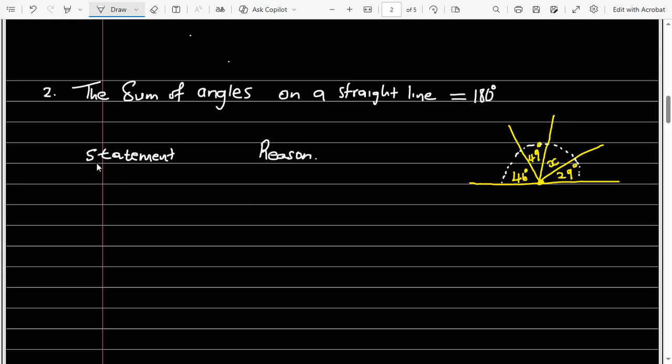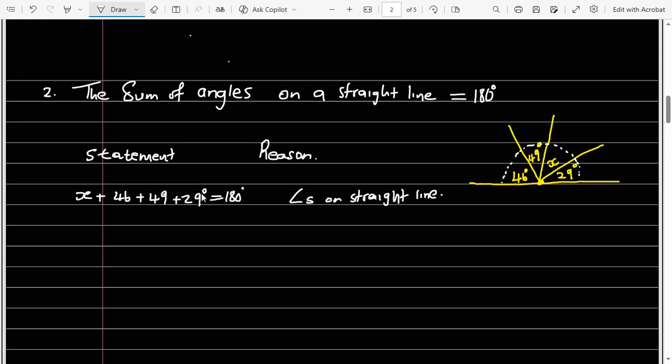So I'm going to add all those angles: x plus 46 plus 49 plus 29 gives me 180 degrees. And the reason is angles on a straight line. That's my reason.